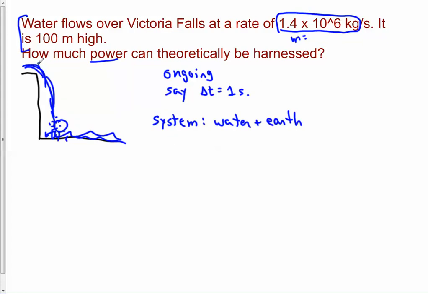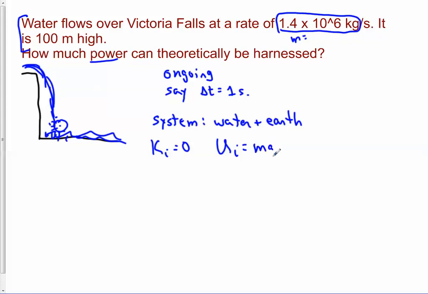Now, the water at the very top, when it starts up at the top, has a little bit of kinetic energy. The water's moving along, but it doesn't have very much. Let's call that 0. It'd be a little bit more than 0, but we don't know how much it is. Let's just call it 0. But it certainly has potential energy, and that's the real source of energy here: the fact that it's up high and is going to fall.